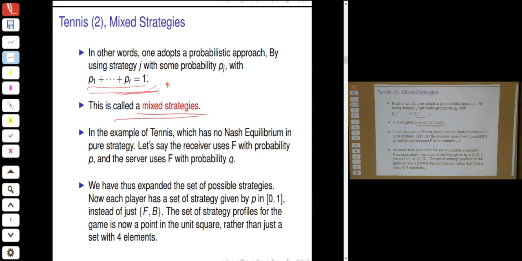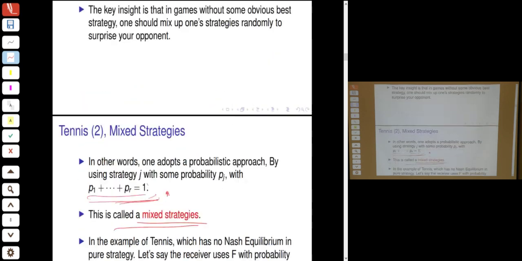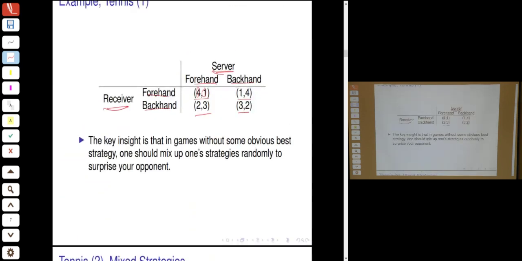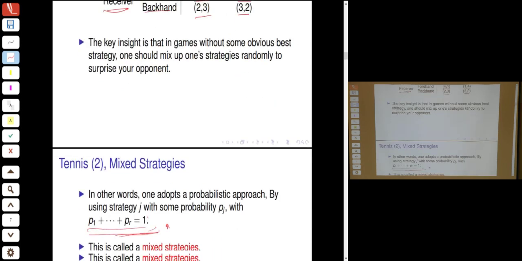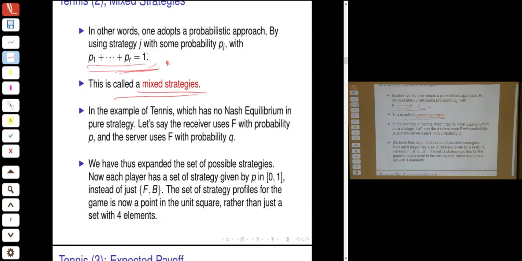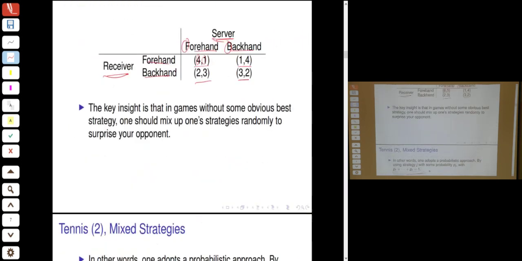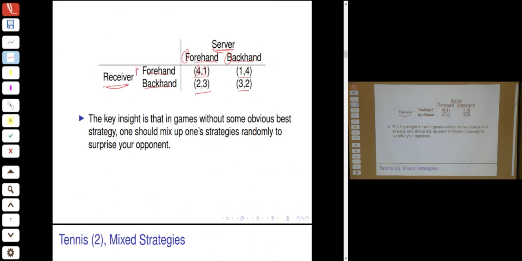So, let us say we will abbreviate forehand by F, backhand by B. Let us say the receiver uses F with probability P, so B will be used with probability 1 minus P. Similarly, the server will choose F with probability Q, and therefore B will be used with probability 1 minus Q.